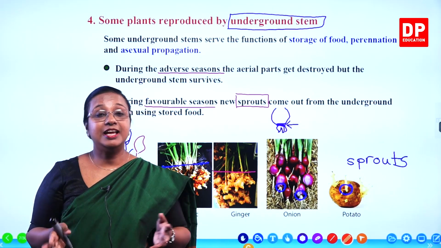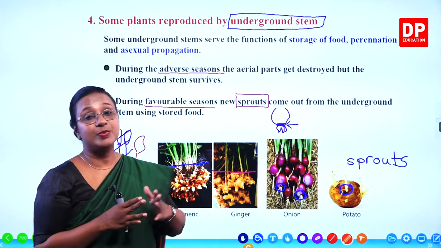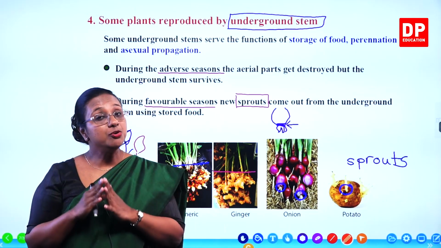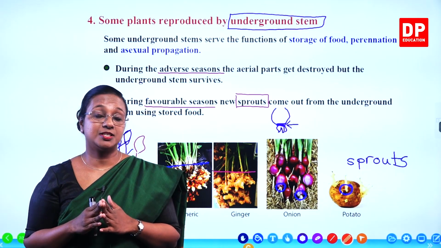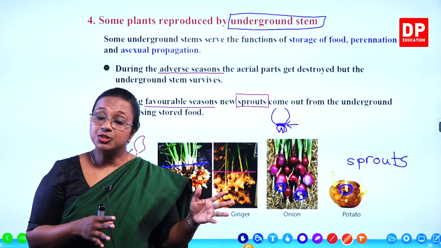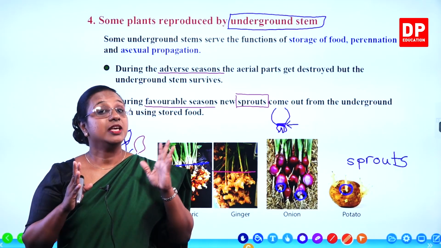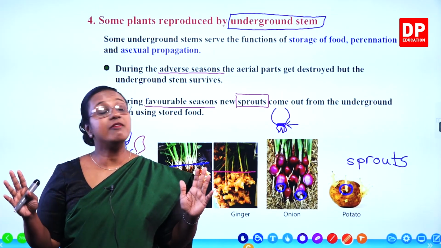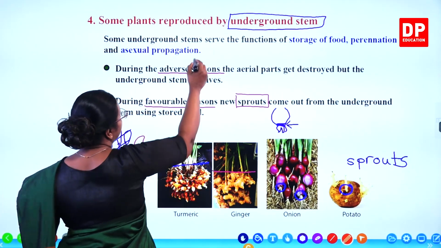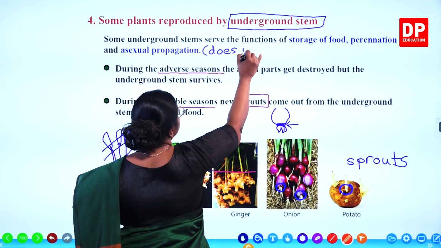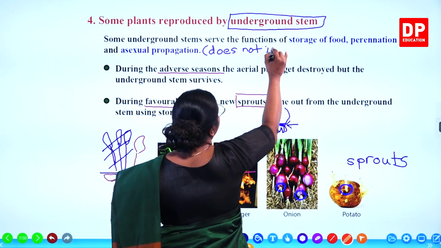So that is again perennation as well as asexual propagation. Why do we call it asexual propagation? If it was sexual propagation, it should involve the flowers. Here it doesn't involve flowers. That is why it's known as asexual propagation.